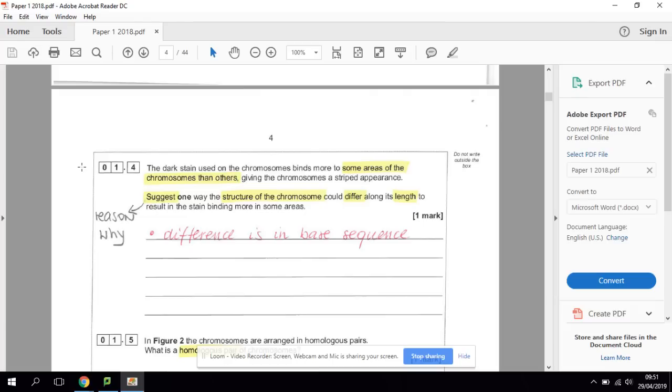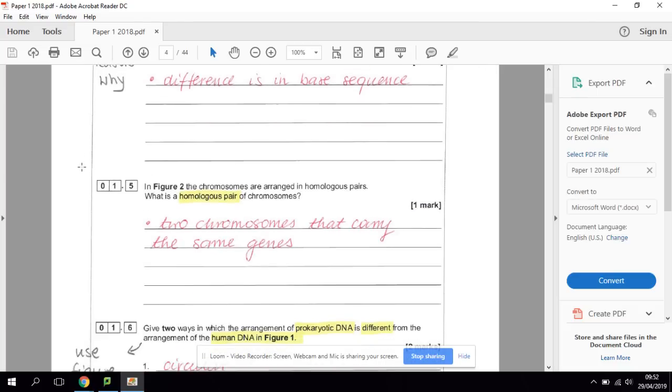So if they're using words like differ or different or only one, we need to be thinking, right, so what's different? The difference is found in the base sequence. Okay, and that's the reason why the stain will bind more to some of the areas.